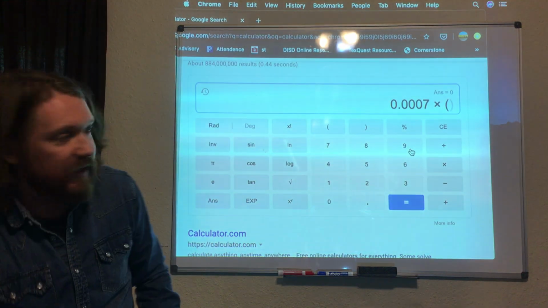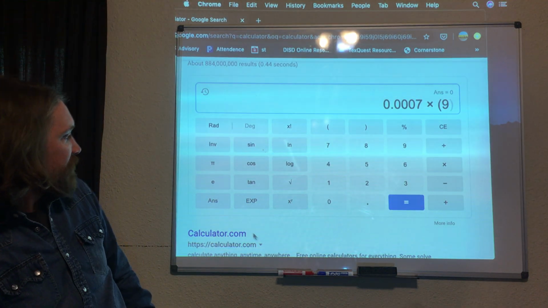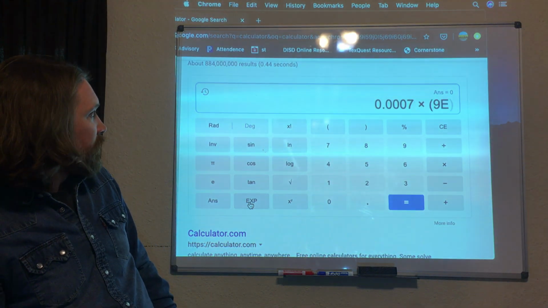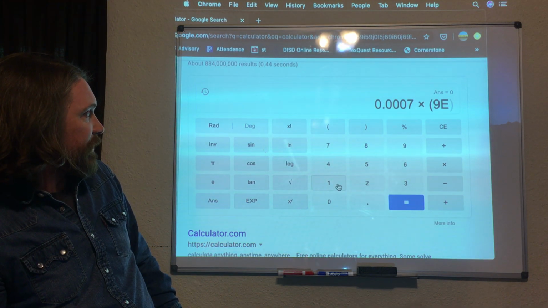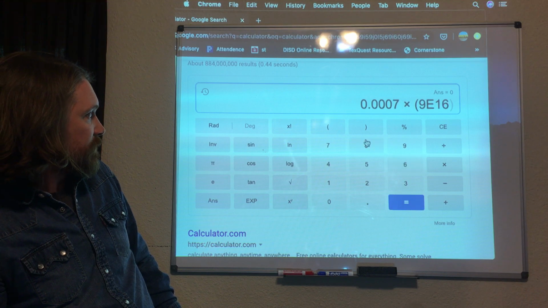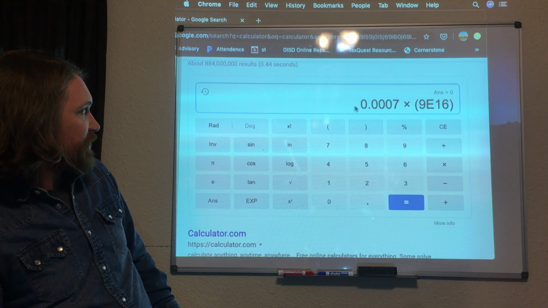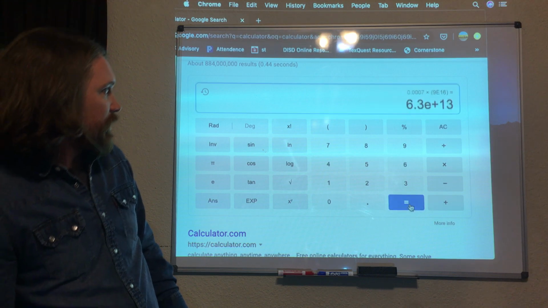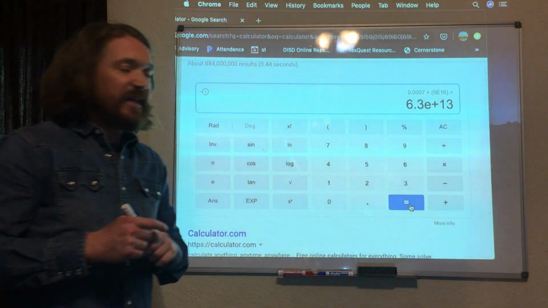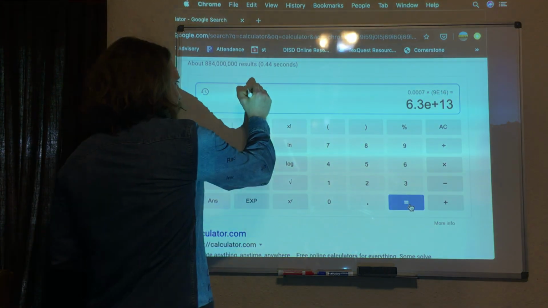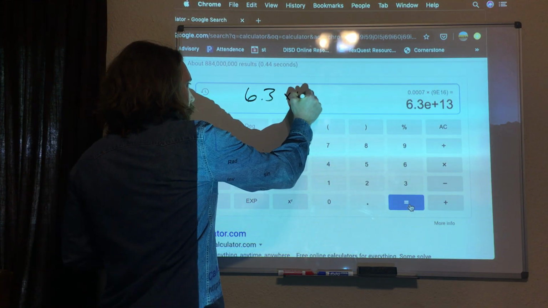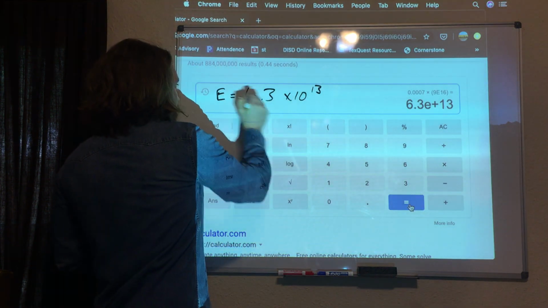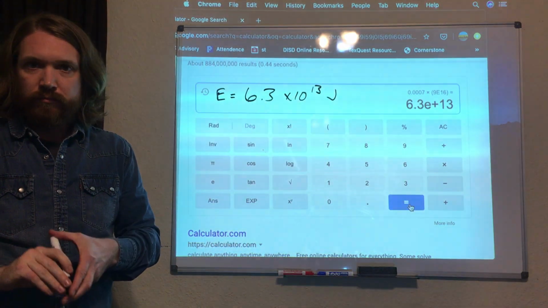We type that in as 9, and you see where it says EXP? That's your EE button. Then you just put the exponent, 16. Close parentheses. 0.0007 times 9E16 equals 6.3 e to the positive 13, which would be written as 6.3 times 10 to the 13th, and this is energy, so we measure it in joules.